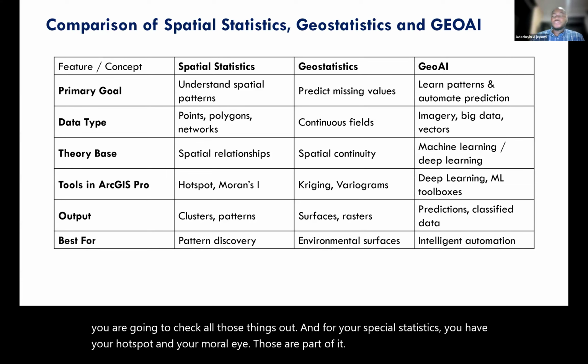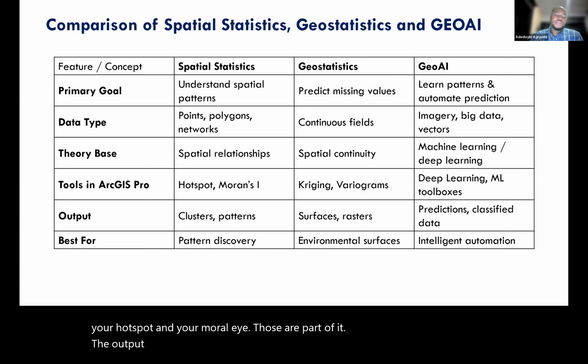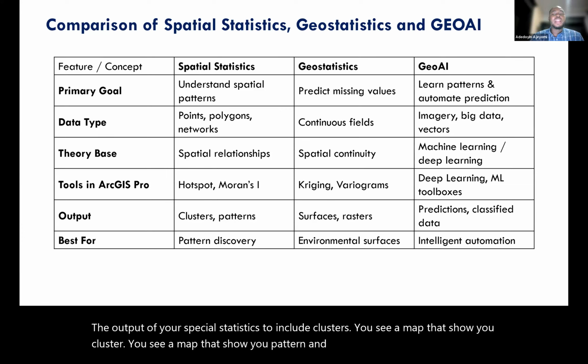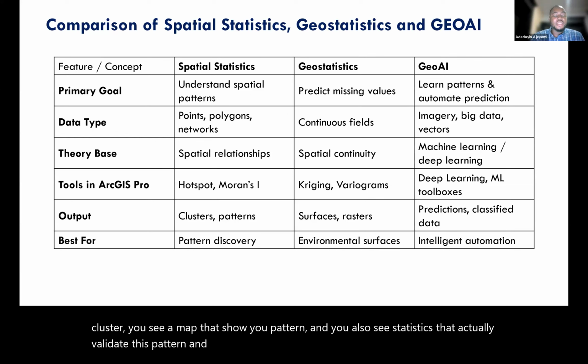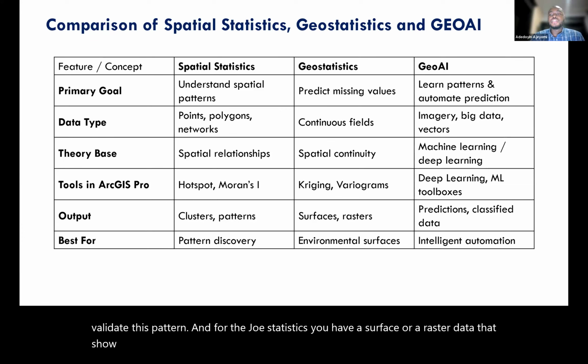So the output of your spatial statistics tools includes clusters. You see a map that shows you clusters, a map that shows you patterns, and you also see statistics that actually validate these patterns. For geostatistics, you have a surface or raster data that shows you a continuous variable. And for GeoAI, you actually have a classification or prediction result.